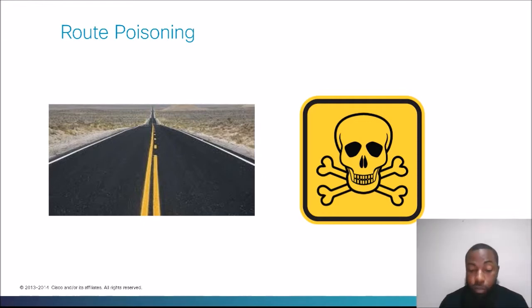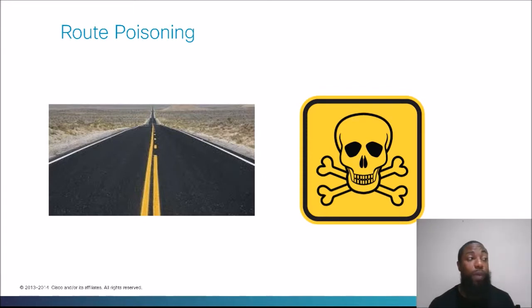What does route poisoning do? Simply put, let's say you send a packet into the network, but the destination it was supposed to go to, the route went down, right? When that route goes down, a router that has that route will let other routers know, hey, this route went down. But instead of simply saying the route went down, it basically poisons the route. What does poisoning mean?